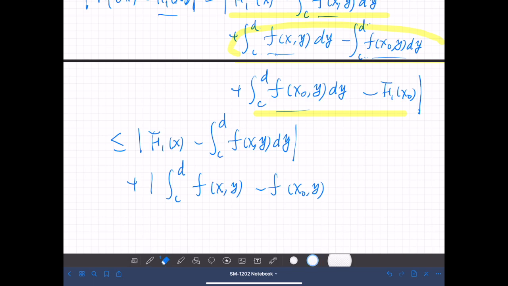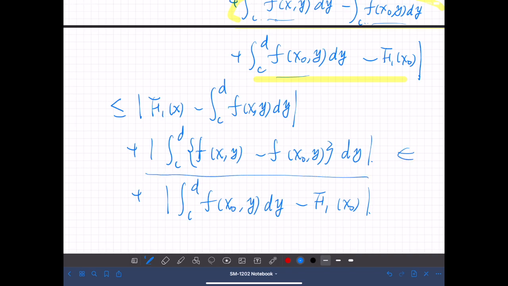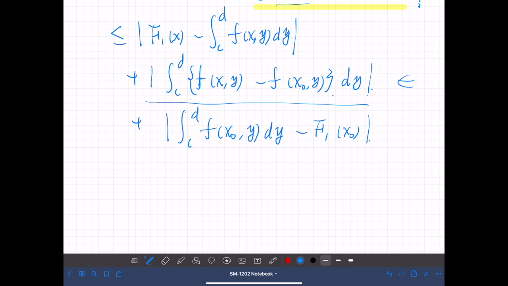And the last one. Okay, but the second one, we can put this modulus sign inside the integral, so that will increase the value of this term.